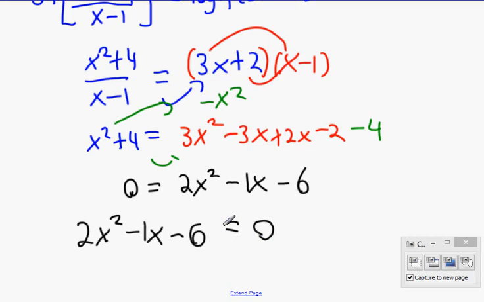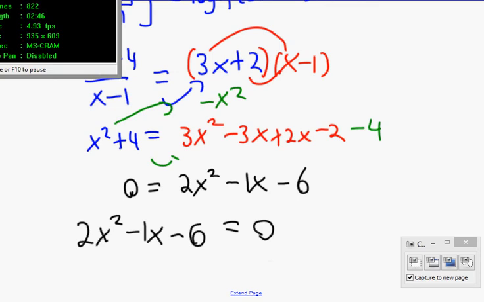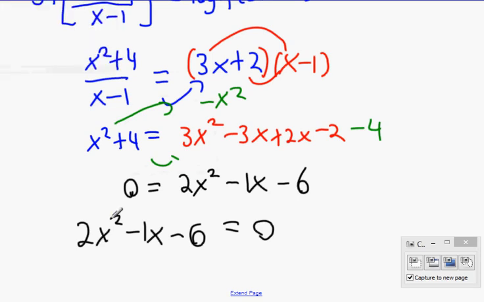Okay, now that we have that done, so what we're going to get here is 6 multiplied by 2 minus 12.